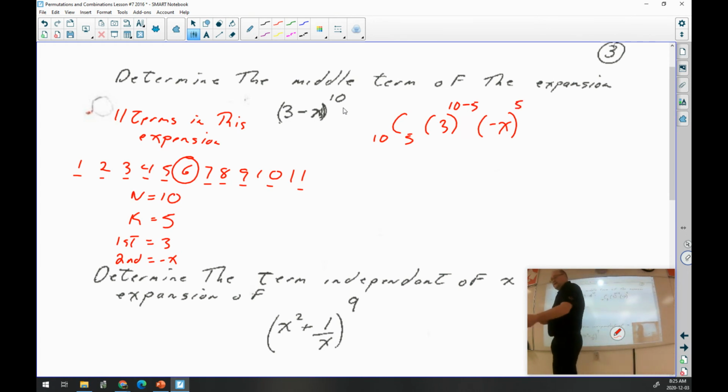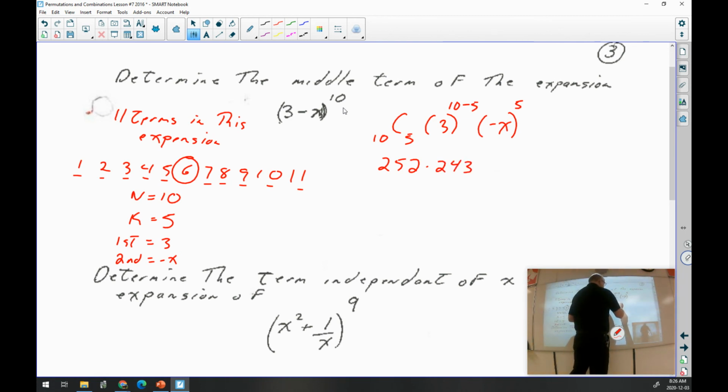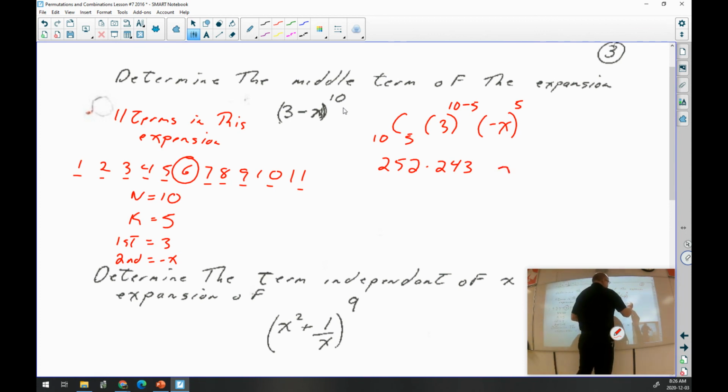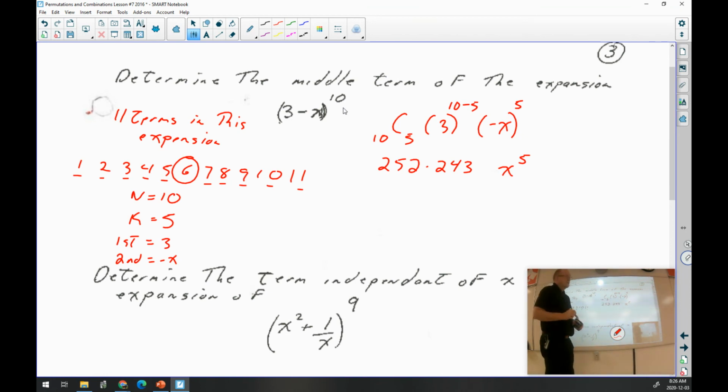So, 10 choose 5 is 252. Now we have 3 raised to the power of 5, which is 243. And now we are going to have x to the fifth, but we have a negative 1 also raised to the power of 5.